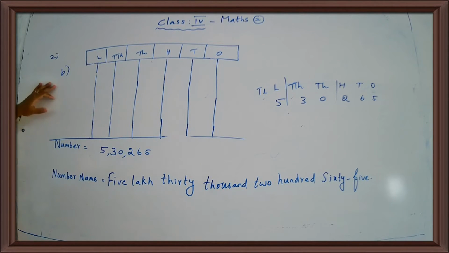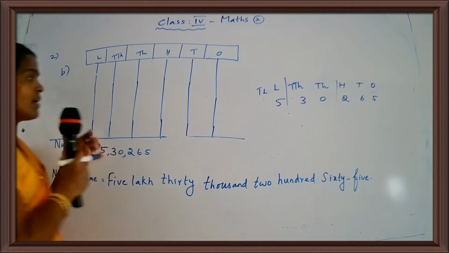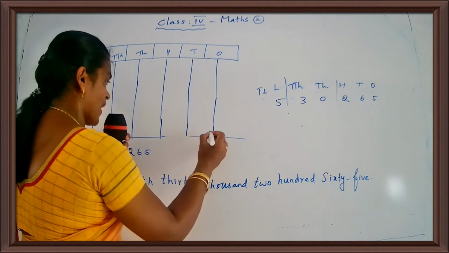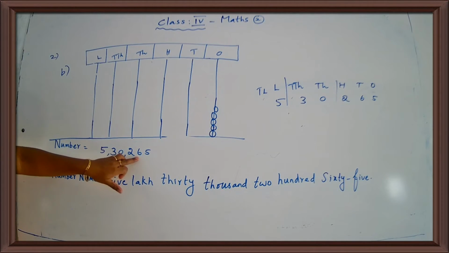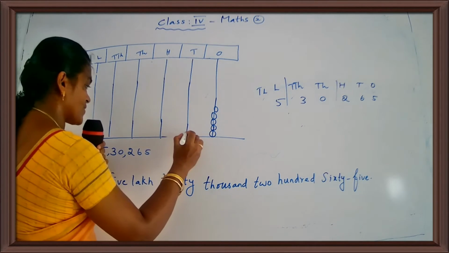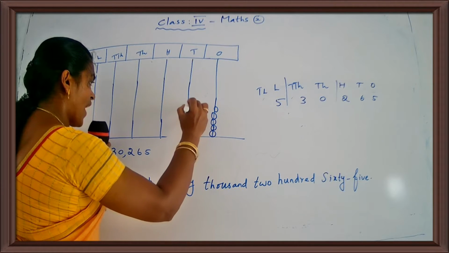Now you draw the beads. That is very easy, yes or no? So now you see the number in the ones place. Which number? 5. So you draw 5 beads in the ones place. 1, 2, 3, 4, 5. Now in the tens place there is 6. So you draw 6 beads. 1, 2, 3, 4, 5, 6.